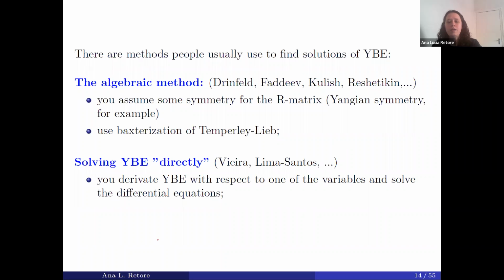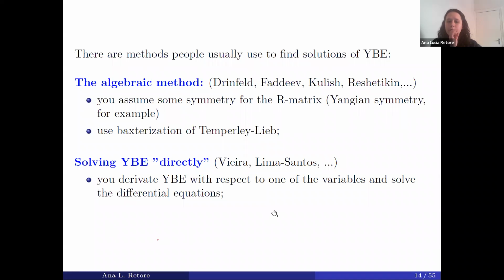Another method is something very close to what I said people don't do, which is to try to solve Yang-Baxter directly, but you apply a derivative with respect to one of the variables, and then you solve the differential equations you get. This is still very bad, in the sense that it's the opposite of the first method. The first was very easy to apply, but you could get a limited amount of models.